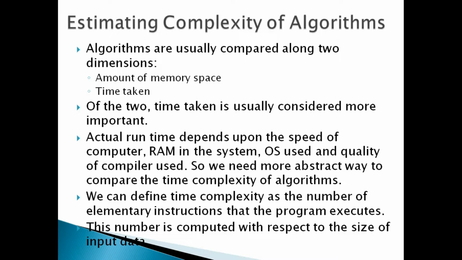So here we have to specify a particular size of data. Then we will compare the algorithms given to us, and the algorithm that takes fewer instructions will be preferred.